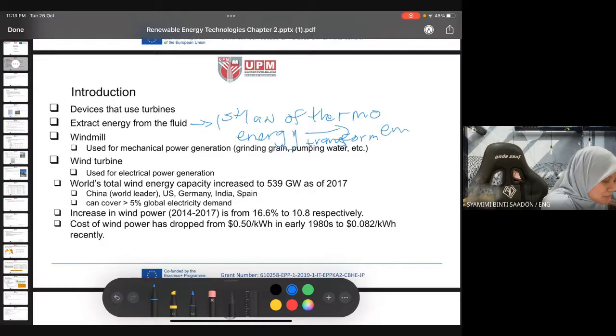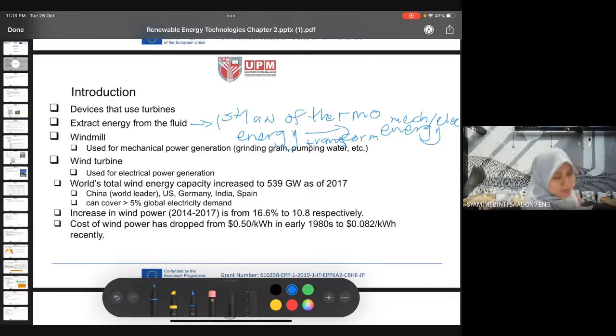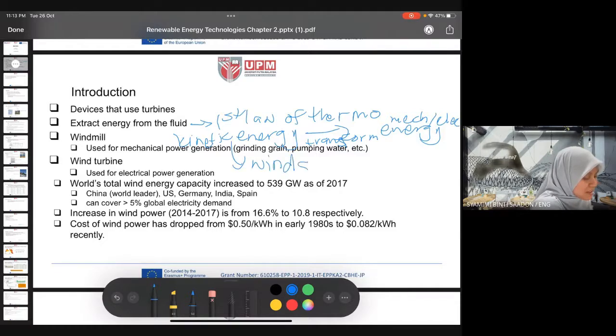To another form of energy, for example, mechanical energy, electrical energy, starting from the kinetic energy, the speed of the wind. This kinetic energy comes from wind speed, and it also depends on the temperature of the wind.